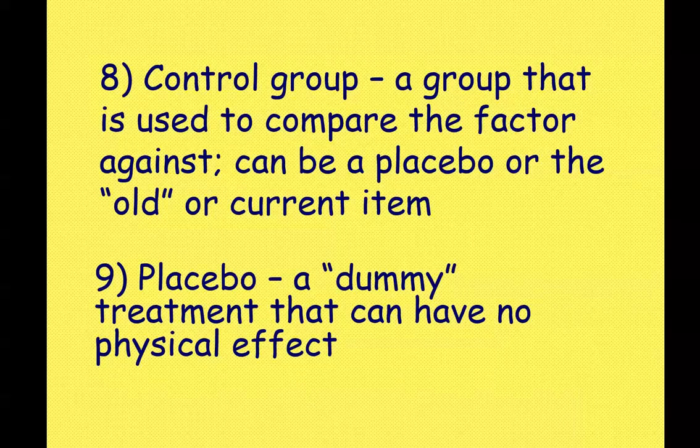Now, the control group can be a placebo. A placebo is a sort of dummy treatment, like instead of aspirin, you give someone a sugar pill and see if it makes them feel better. Or it could be an old or current item that you're comparing it against. So not all experiments are going to have placebos in them, but that is an option.